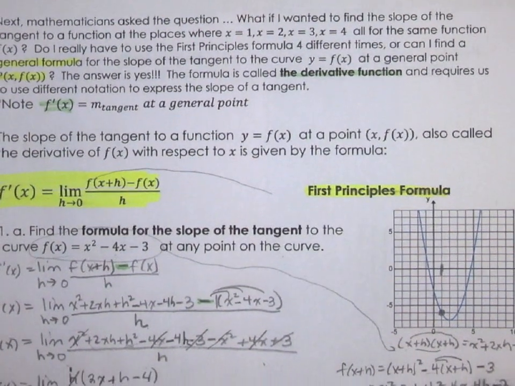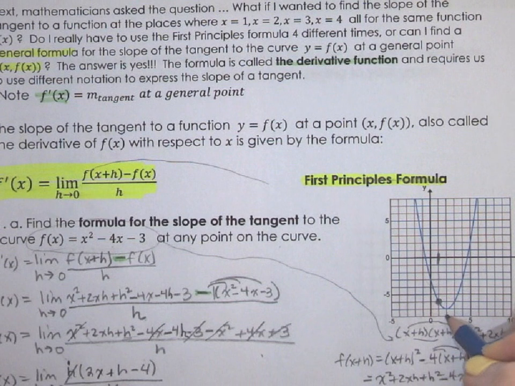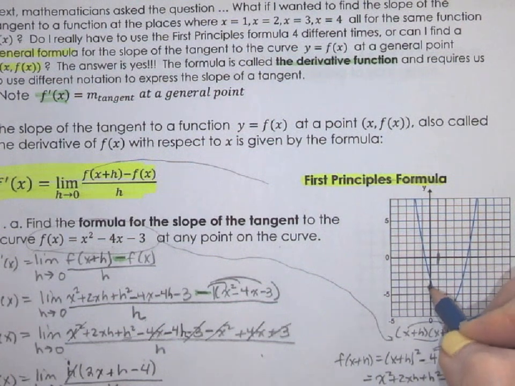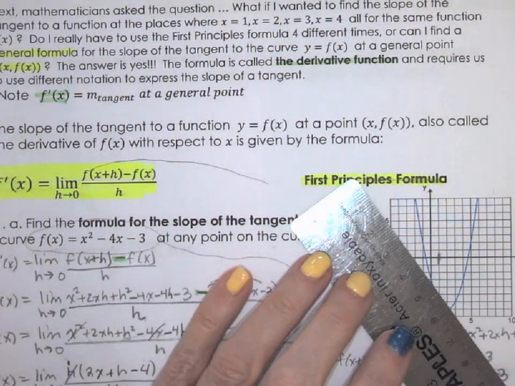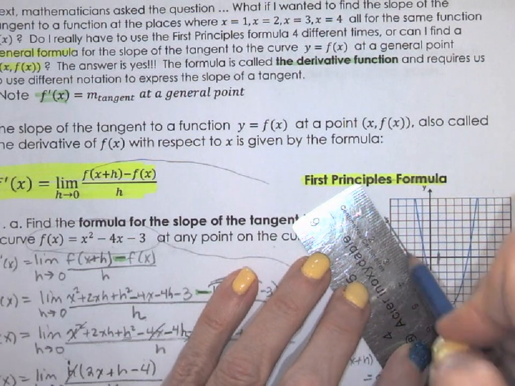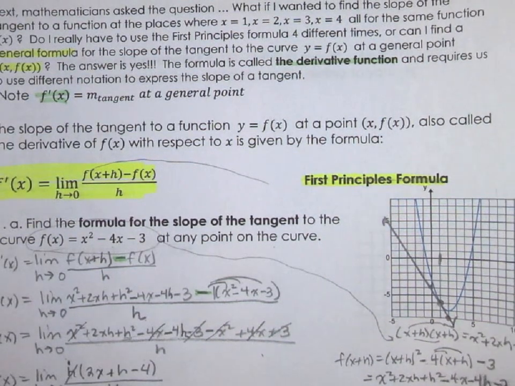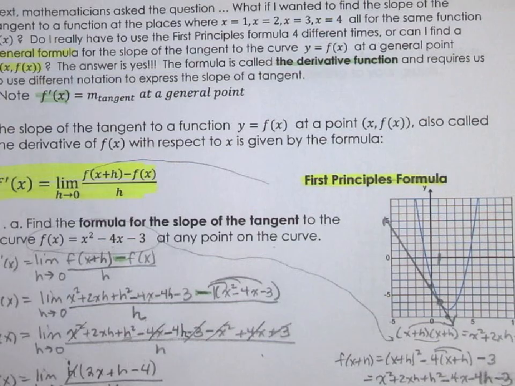That would mean I would go down to the right 1 or up to the left 1. And that does look like that would be our slope of the tangent. There would be a tangent drawn when x is 1, with a slope of negative 2.